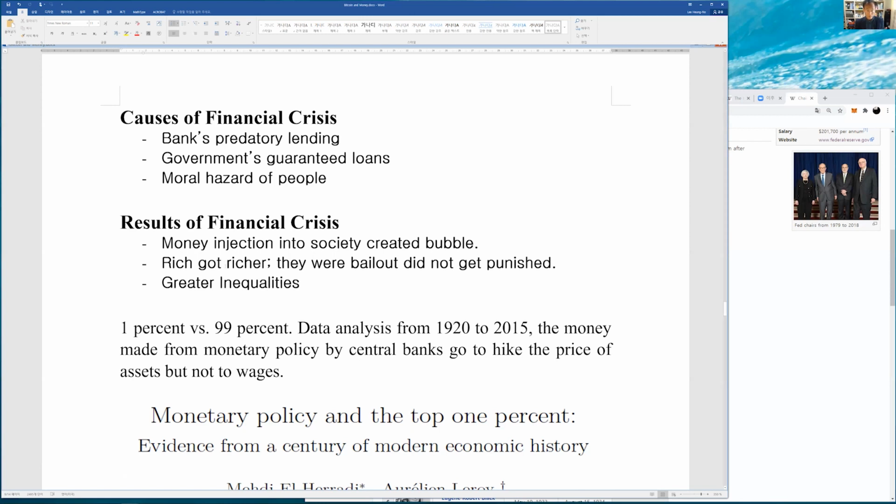So the rich has gotten richer, and all the money that went into the society came back to the bank, and the bank made investments in the stock markets and house securities and so on. So the people who are rich, who have these assets in large amounts, have gotten richer.